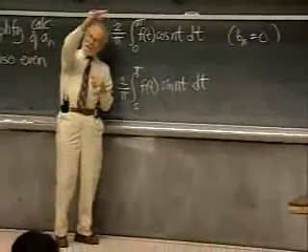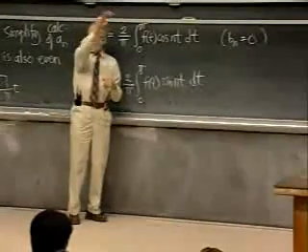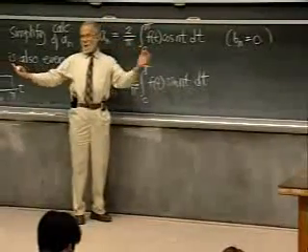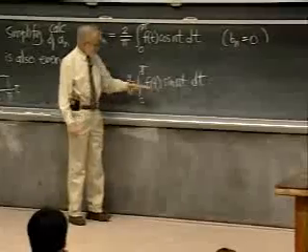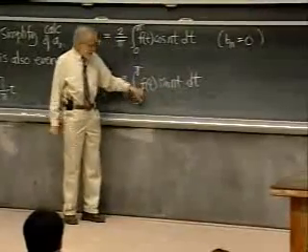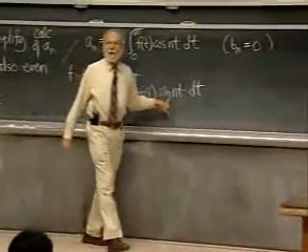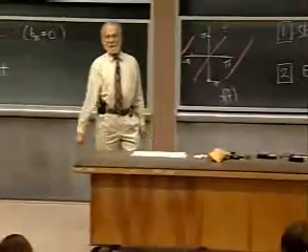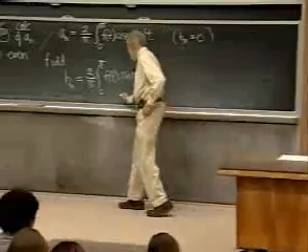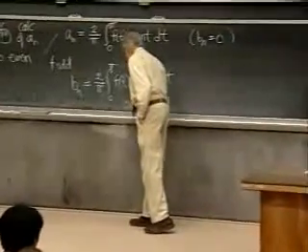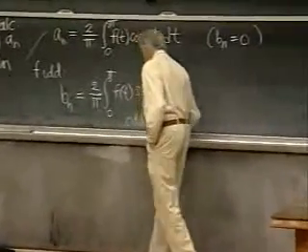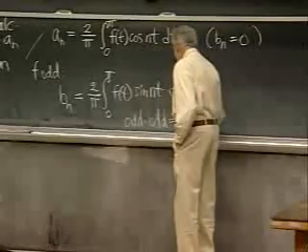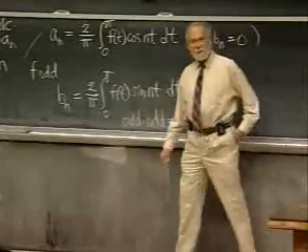You know, if you integrate an odd function over minus pi to pi, you get 0. Well, but this is not an odd function. This is an odd function, and this is an odd function, but the product of two odd functions is an even function. Odd times odd is even. I said I wasn't going to give you those rules, but since this is the one which trips everybody up, maybe I better say it, just because it looks wrong.